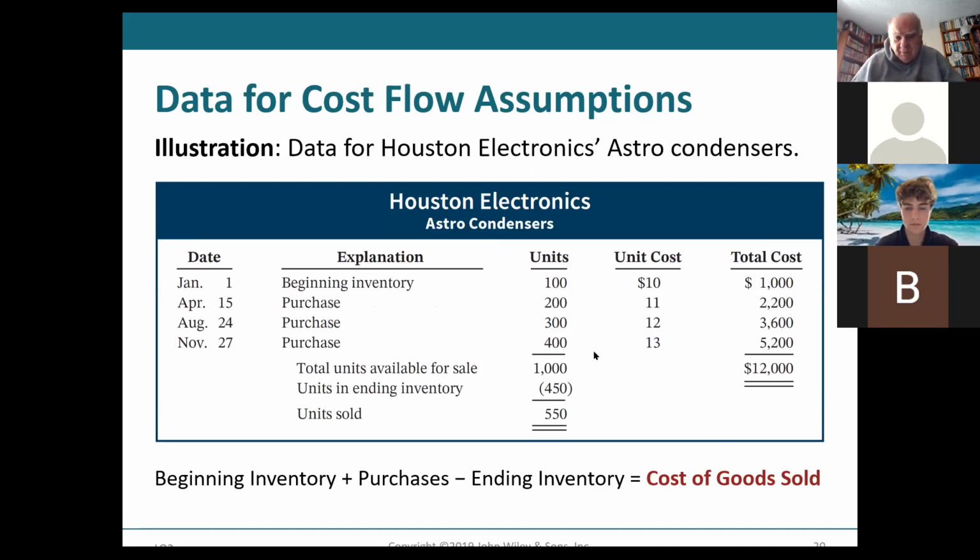So we have 1,000 units available. You can't sell more than that. At the end of the month, they counted the inventory and said they had 450 left. That meant we sold 550 units. And we're going to have to put a cost on the ending inventory and a cost on the units sold.